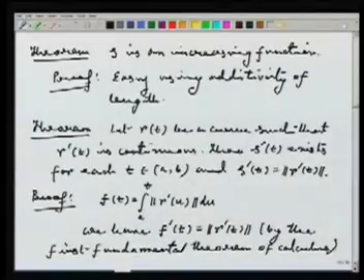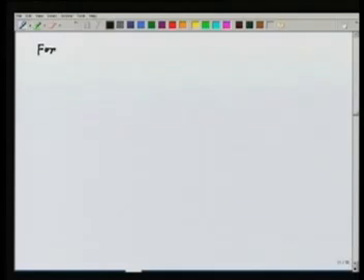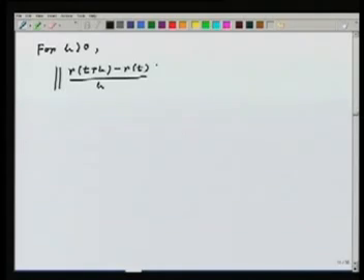Okay. Now we start looking at the difference quotient. The following difference quotient I am interested in. So for h bigger than 0, I look at norm of r(t+h) minus r(t), divided by h. Okay.